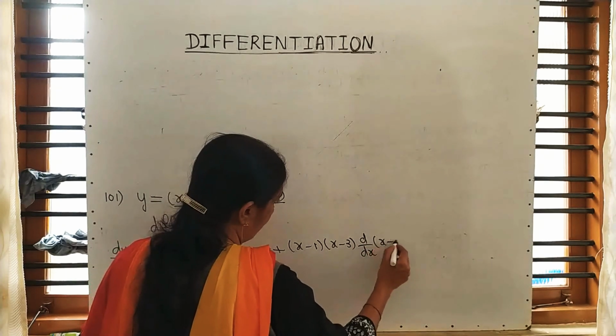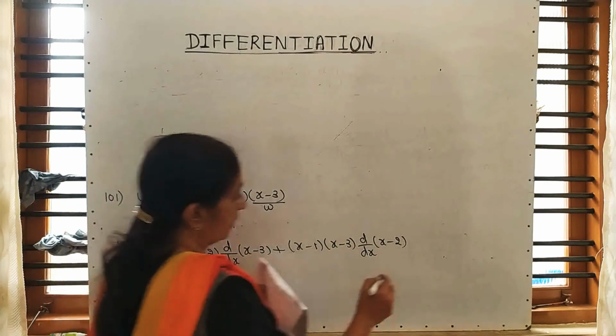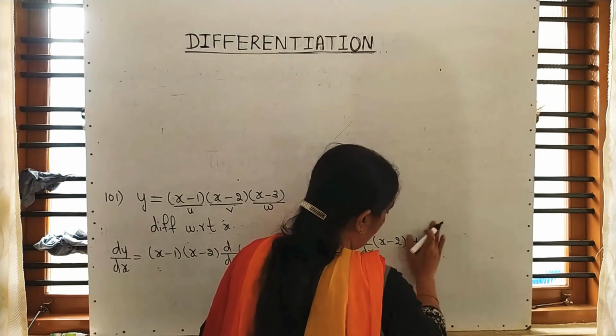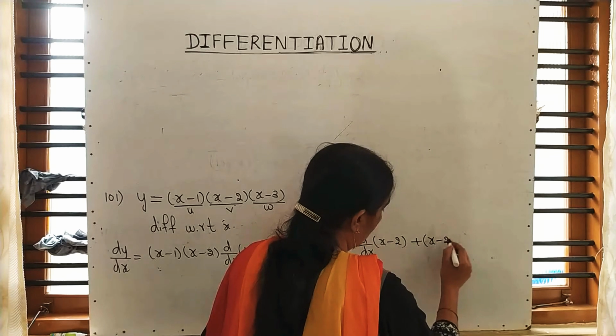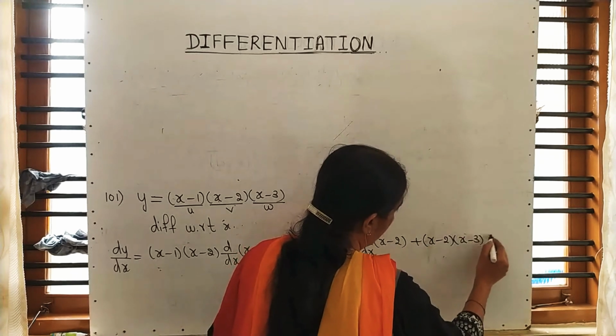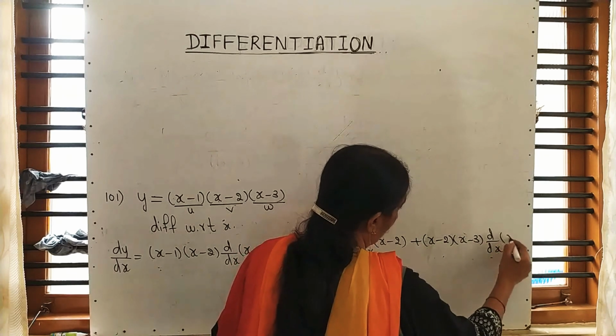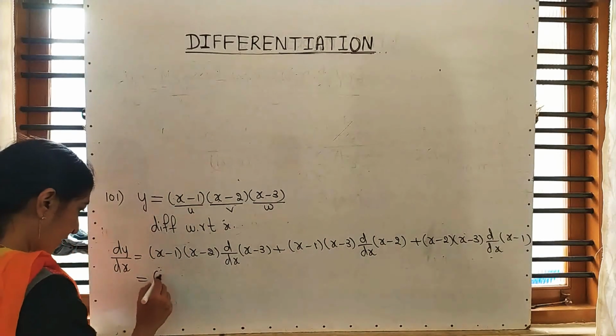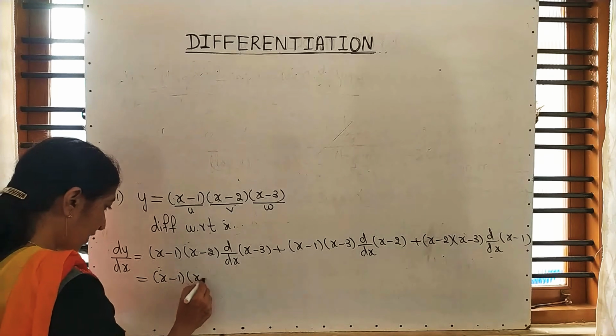Differentiation of x minus 2. Every time one bracket is differentiated. Plus x minus 2, x minus 3 as it is. Differentiation of x minus 1. These two brackets before differentiation, keep as they are.